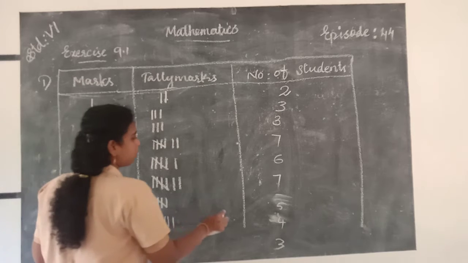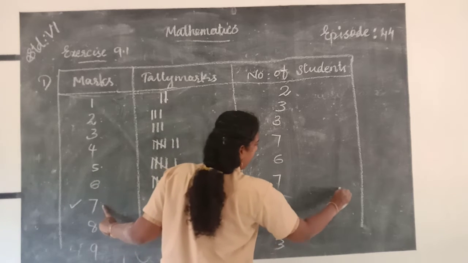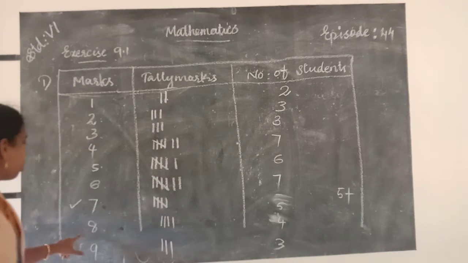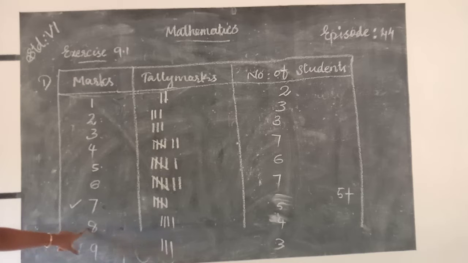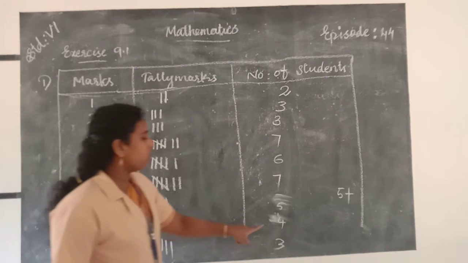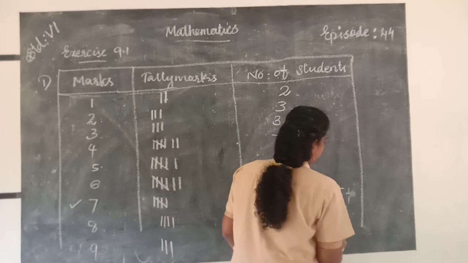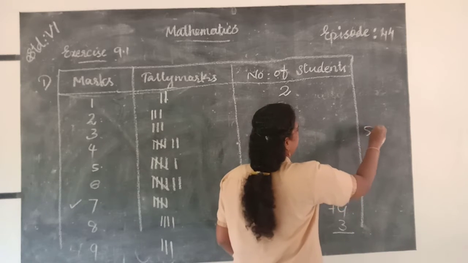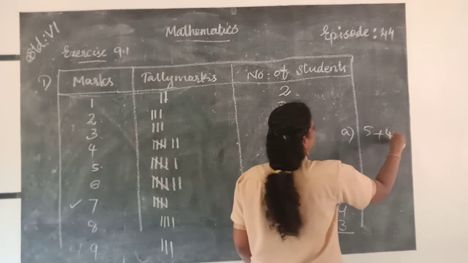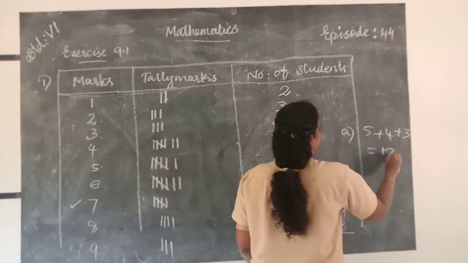The number of students who got 7 is 5, and the number of students who got more than 7, that is 8 and 9, is 4 plus 3. So we get 5 plus 4 plus 3, that is equal to 12.